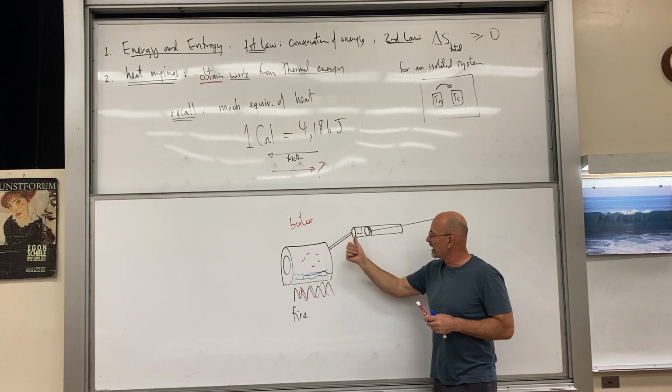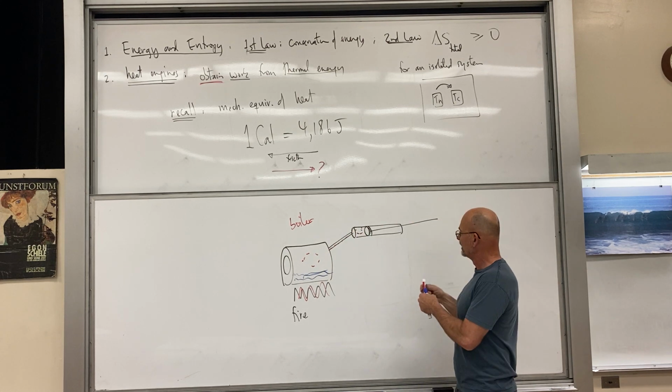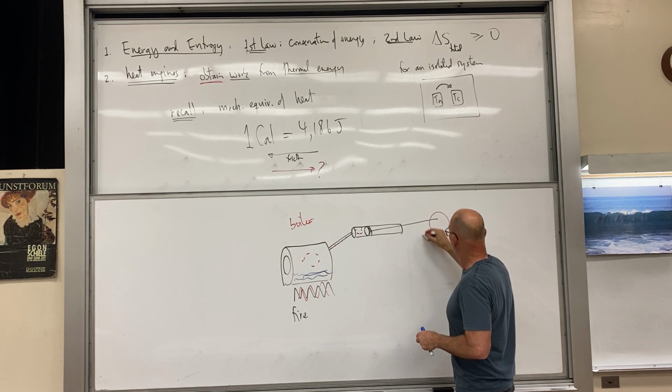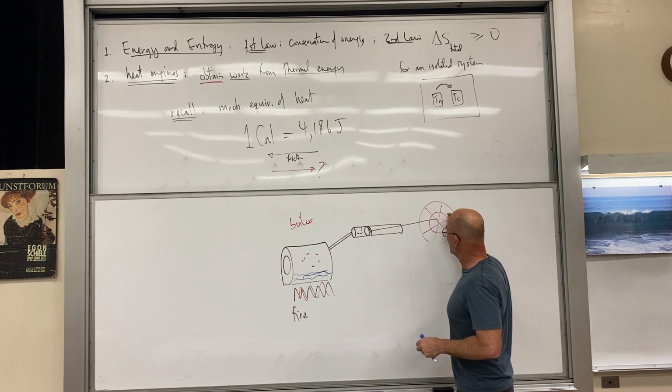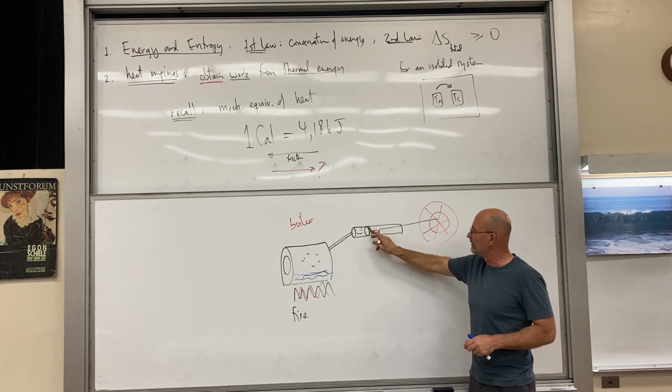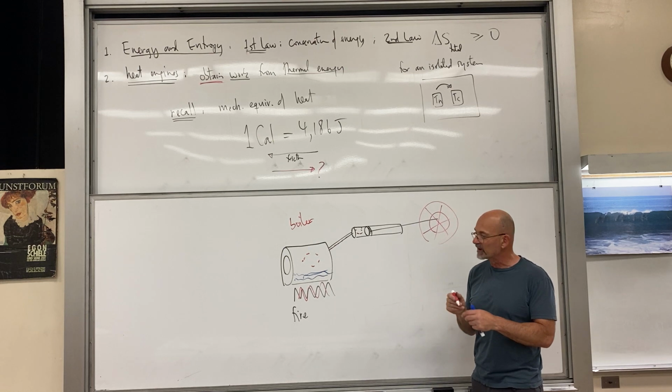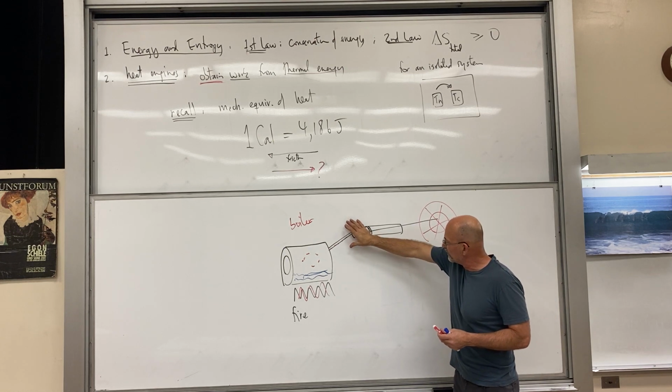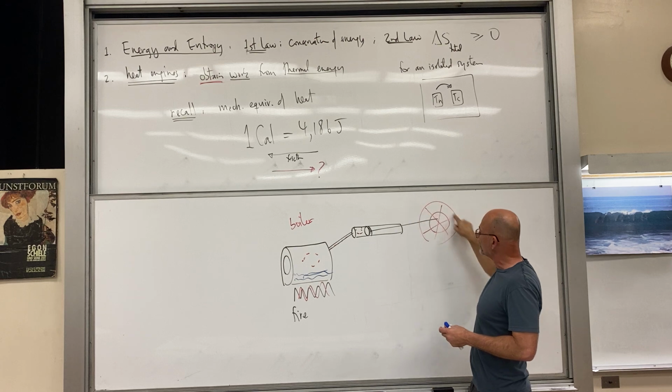Because it's going to be under pressure, it's going to push this. We've got a piston, we've got a connecting rod, we've got a flywheel. And the idea is that this gets pushed out here and turns the flywheel.